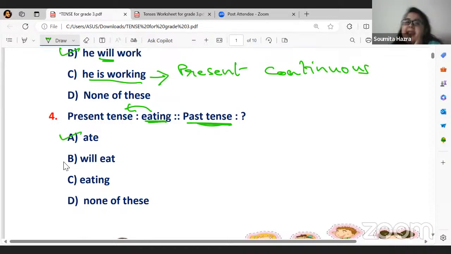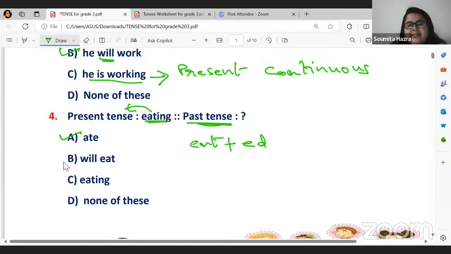Ate, right? So if you remember the discussion on regular and irregular verbs, what are the irregular verbs? The verbs where we do not add ed to change them into past tense. There are other rules to change them into past tense, right? So you do not say eated for past tense.